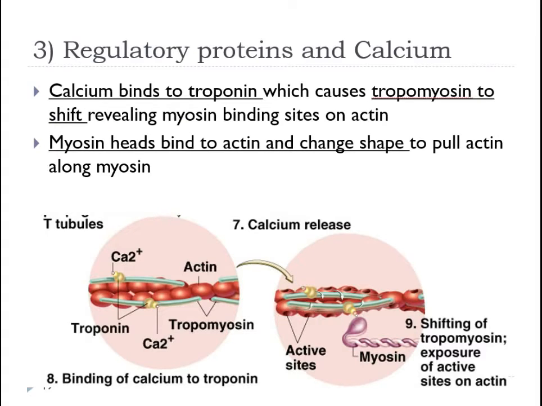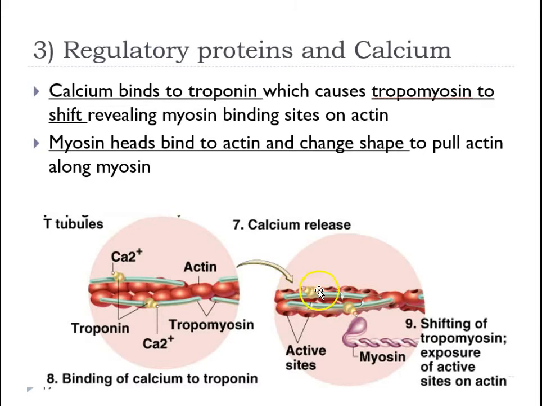So let's kind of go over the process. Calcium binds to troponin, and troponin then goes ahead and moves. So we have a calcium binding site right over here. When calcium binds to troponin, you can see the tropomyosin is covering these little openings. So calcium binds, they move out of the way. Can you see how they condensed?